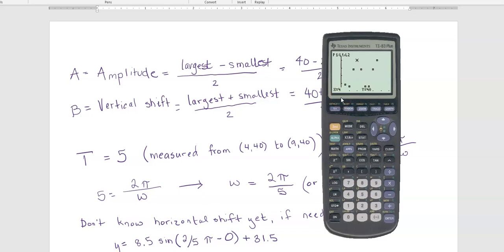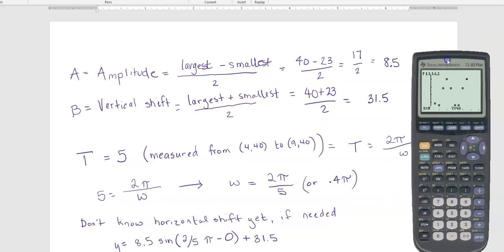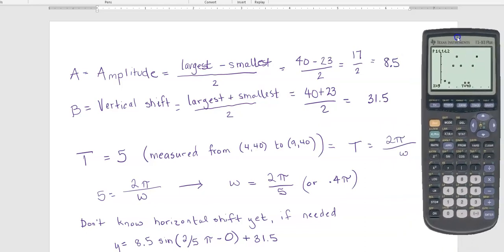That's my maximum. And I go from 4, 1, 2, 3, 4, 5. So maximum to maximum is 5, 2 decades. So in this case, we're able to figure it out. Our T is 5.